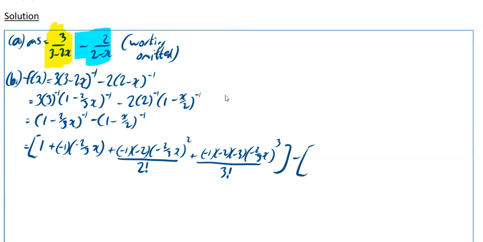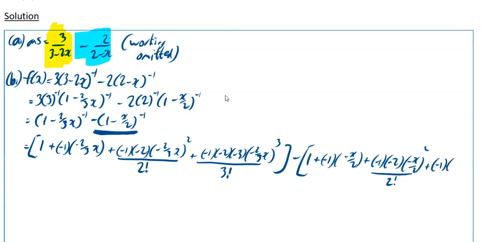And then minus, and then you've got to do the same for the second, so this is us on this one over here. So we're going to have 1, and then it's going to be plus minus 1 times minus x over 2, plus minus 1 times minus 2 times minus x over 2, and that's squared, divided by 2 factorial. And then your last term here, I'm just about going to squeeze this in, minus 1 times minus 2 times minus 3.